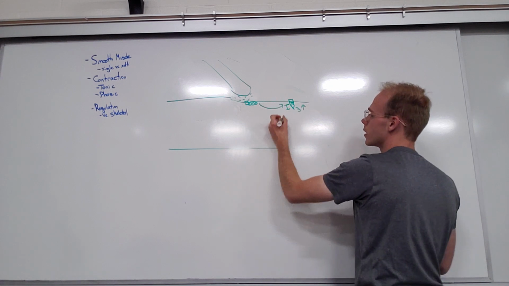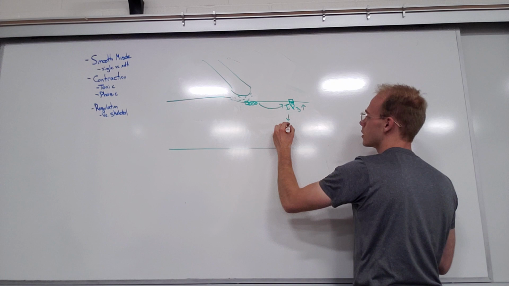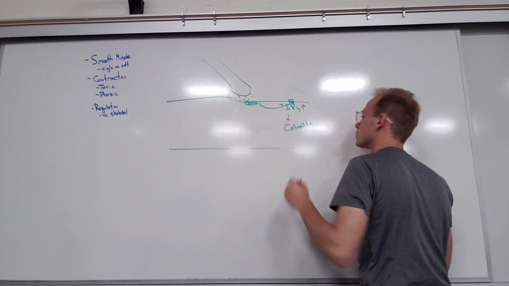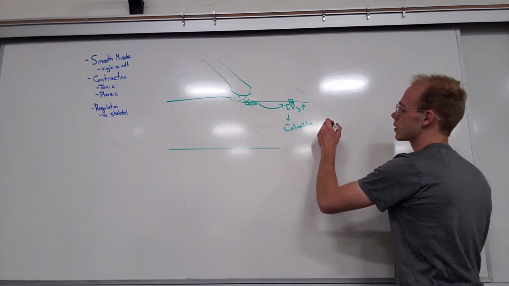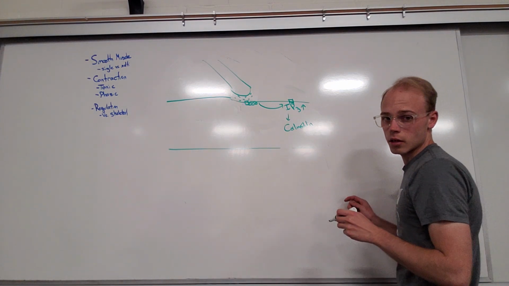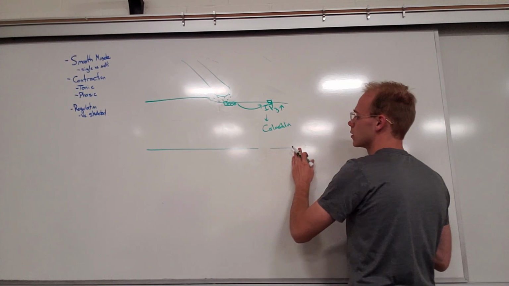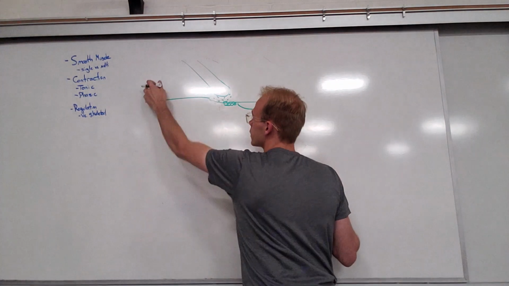And so what IP3 does is it increases calmodulin. So calmodulin is, gosh darn that stuff. Haha, that's right, I can move this. Okay, so just know, you see it, I see it.